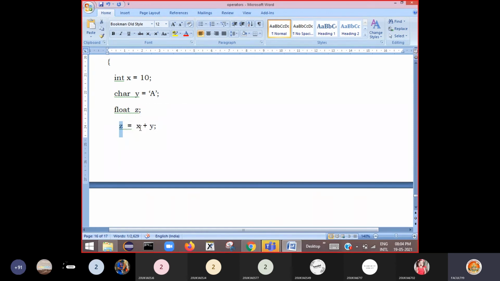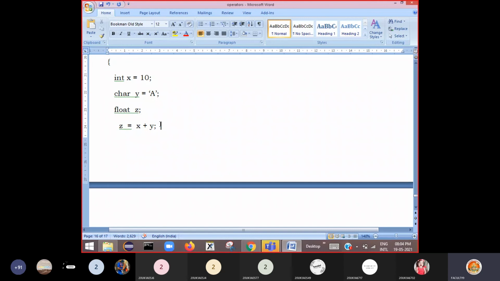So that means this character will be converted to integer, and both integers will then be converted to floating point type internally. First, char y is equal to capital A. Each character is internally represented by an ASCII value.